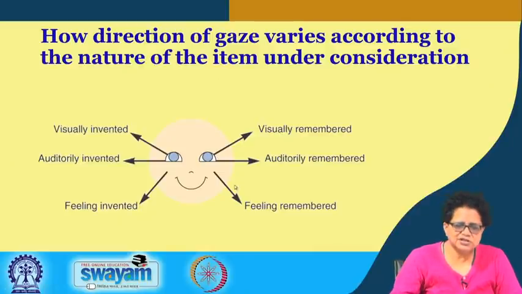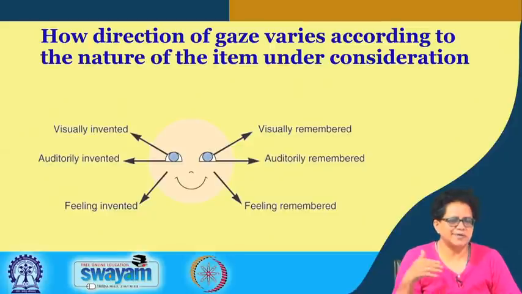So, on this side of the face, it is about memory, it is about remembering something, and on this side of the face or this side of the eye or the gaze points in this side, it is about when your mind is mentally remembering something. So, you are able to understand.